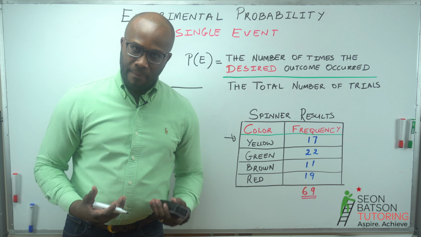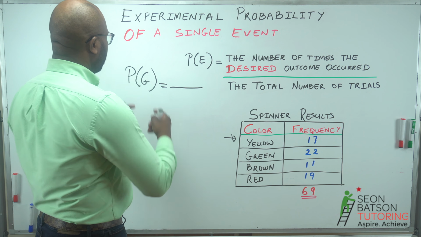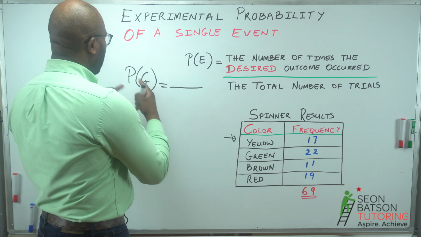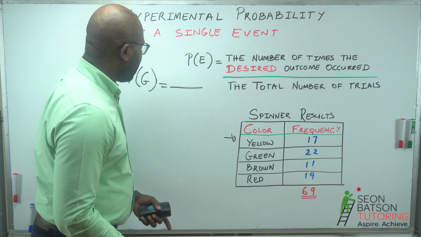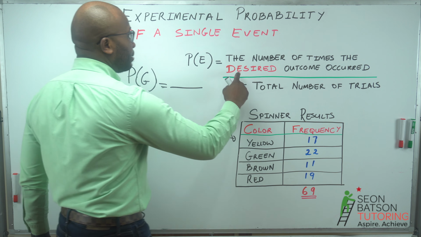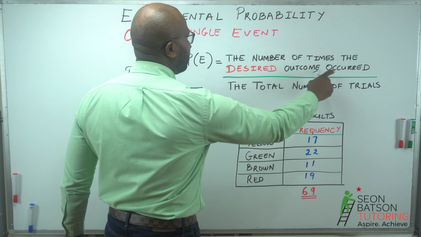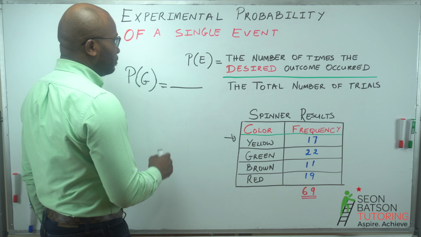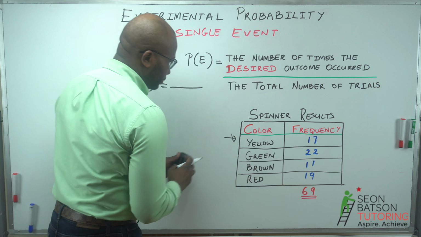Okay, welcome back. In this case, we're trying to figure out the probability of me getting green the next time I spin the spinner. First we need the number of times the desired outcome occurred. The desired outcome will be green.